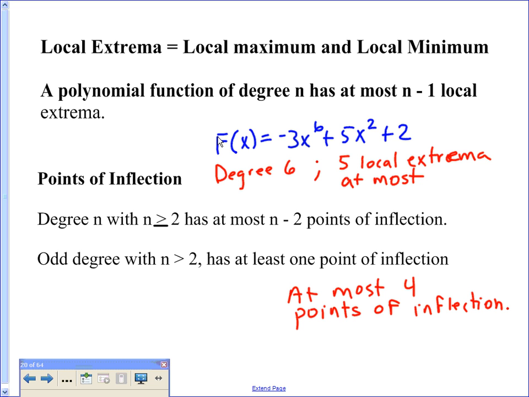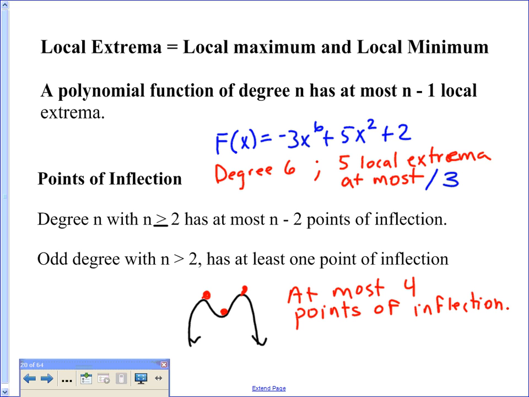Okay, so in this case, if you graph this, then you realize, and we have graphed it previously, we looked at a graph, it looks something like this, okay? So your local extrema are these guys. And so it actually ends up having 3, but that's okay. The 5 is the number that it can have at most. So it has 3 actual.